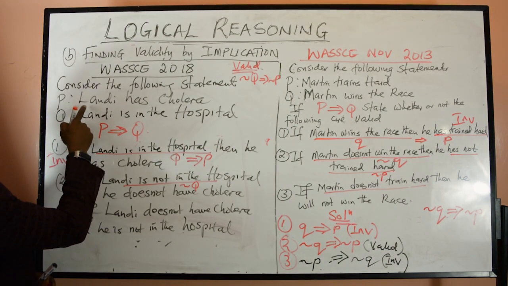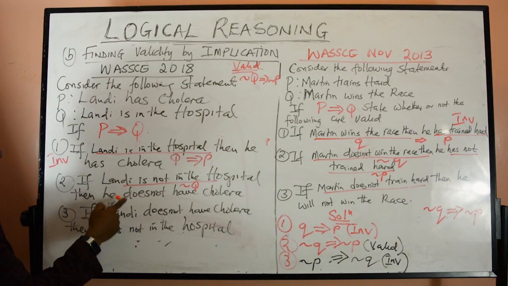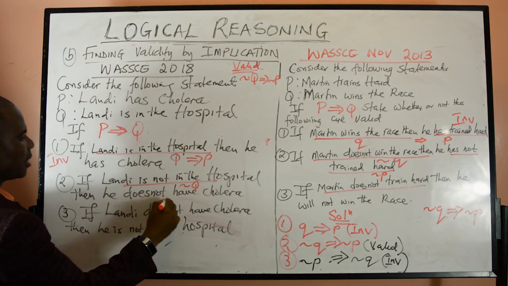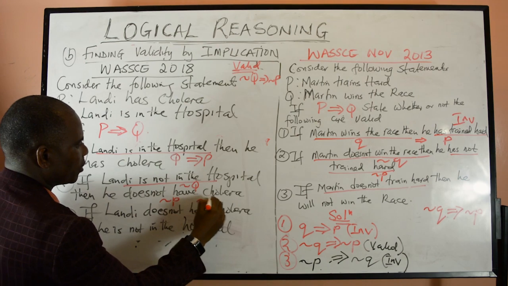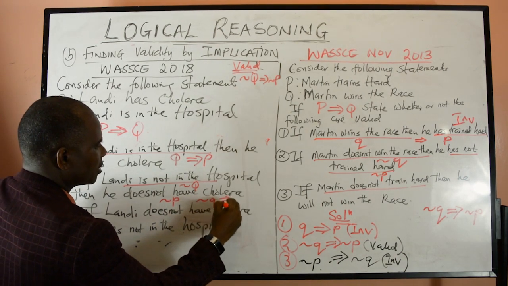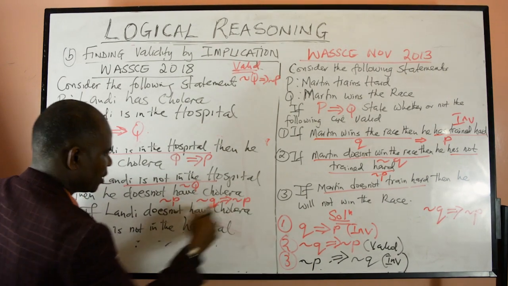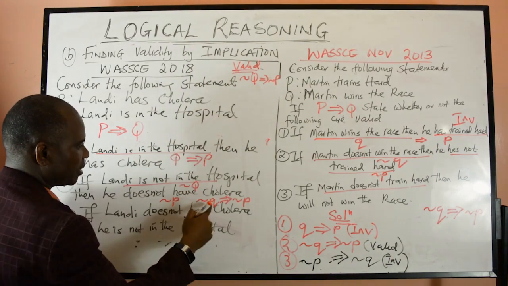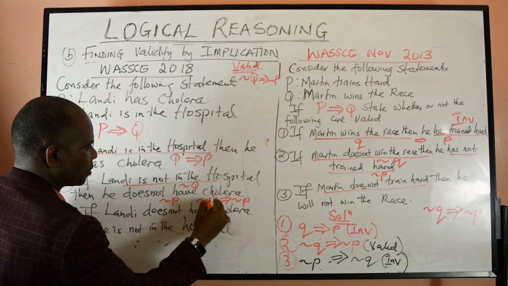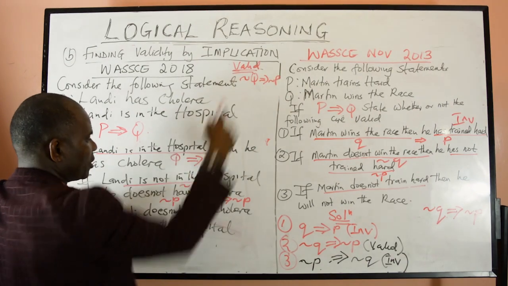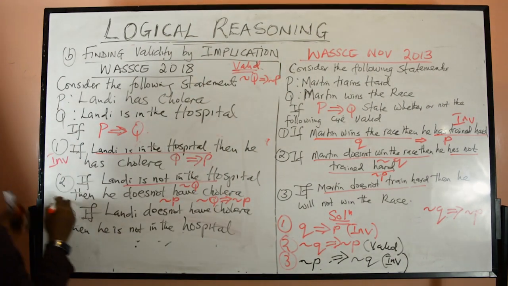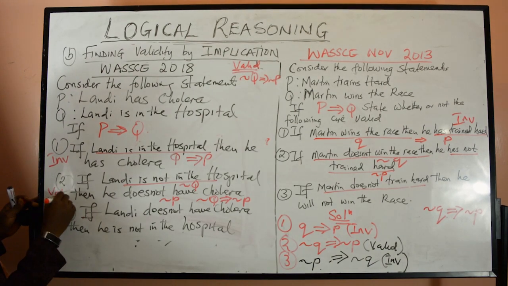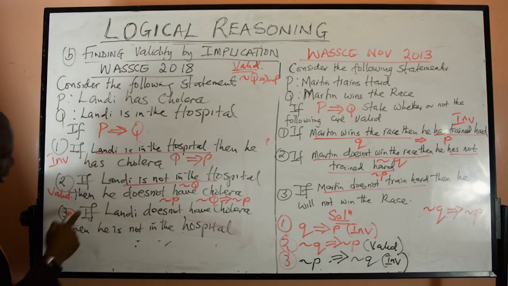P is has cholera, so does not have cholera is negative P. So this is negative Q implies negative P, which is a valid assertion. Let me use the capital letters so I don't confuse you. So this number 2 is valid.